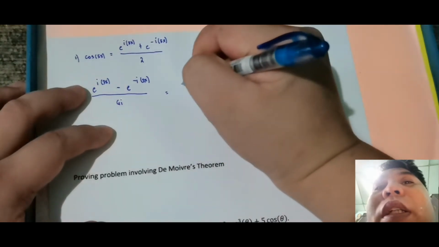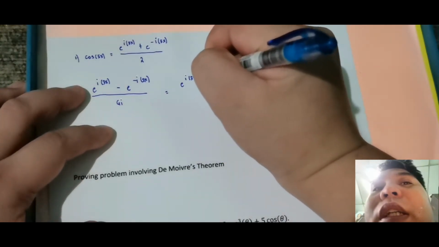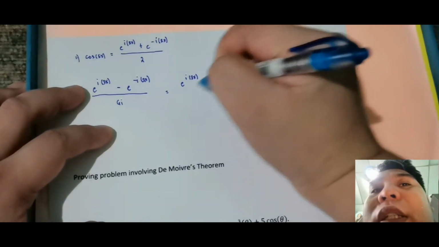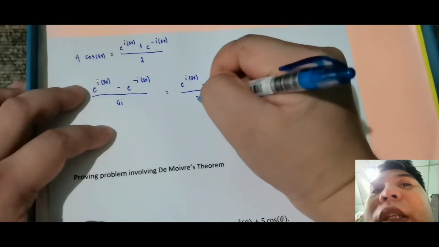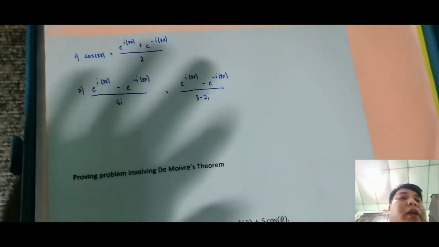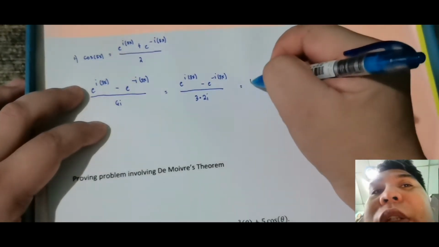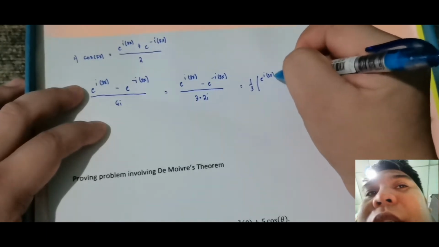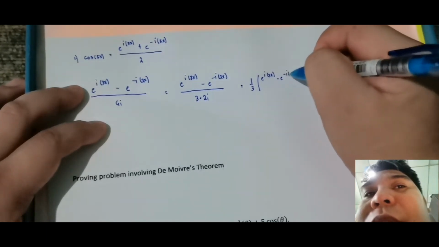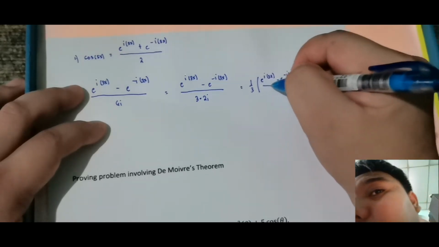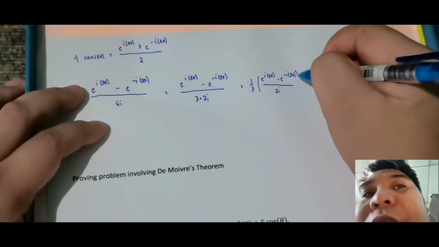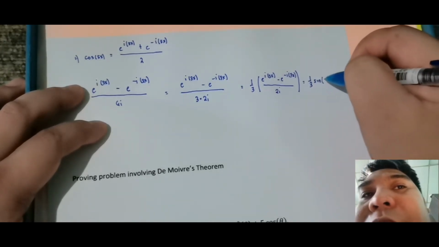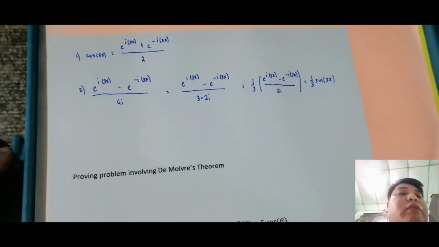So, that is equivalent sa e raised to I 3x minus e raised to negative I 3x all over, this is 3 times 2i. Then factor out mo yung 3 na yun. So that is 1/3 multiplied by e raised to I 3x minus e raised to negative I 3x all over 2i. Okay, so therefore this is equal to 1/3, then this is sine ng 3x. Okay, so ganun siya ginagamit.